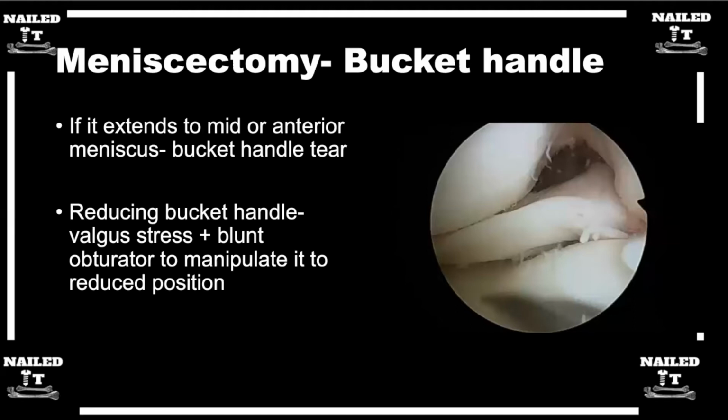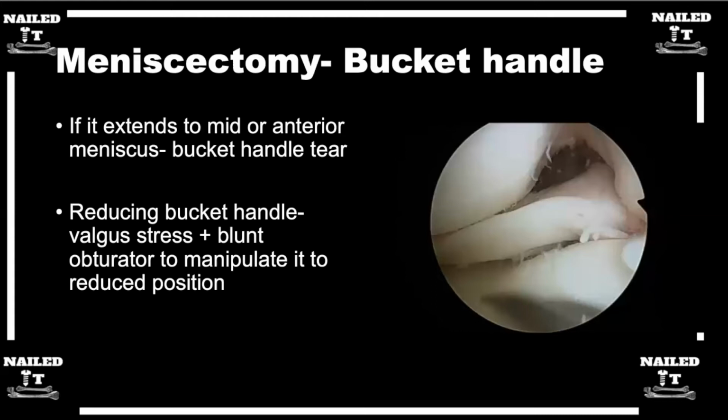But once you get it stabilized, I'll often start with a stitch either in the front or in the back in a vertical mattress fashion, ideally, to tack those back such that while I'm trying to get the rest of my stitches in, it's not flipping in and out of place on me or tremendously unstable. So tacking it down at its anterior and posterior extents is a nice thing to do, or sometimes just putting one in the central aspect of it.